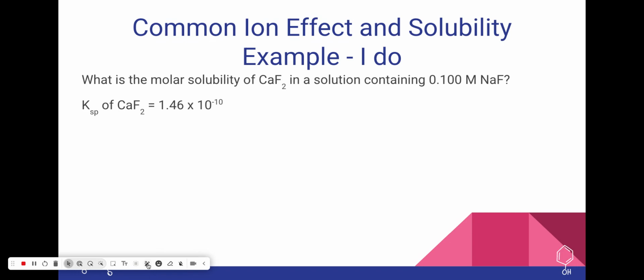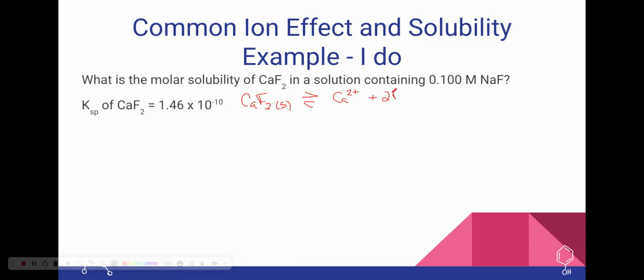All right, so this is, of course, just going to be an equilibrium problem, which means we need to write the balanced chemical equation. So we're going to have calcium fluoride solid in equilibrium with calcium 2 plus and 2 fluoride ions that are, of course, both aqueous.